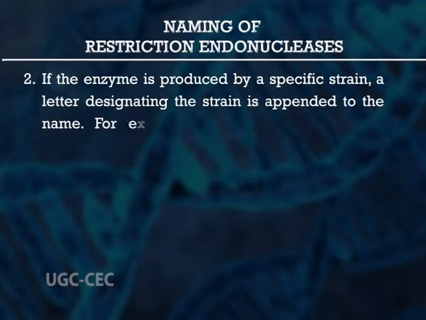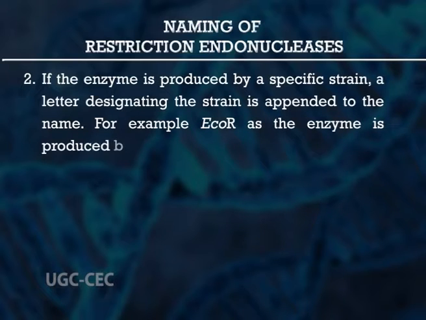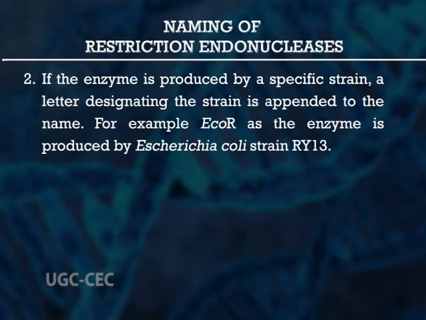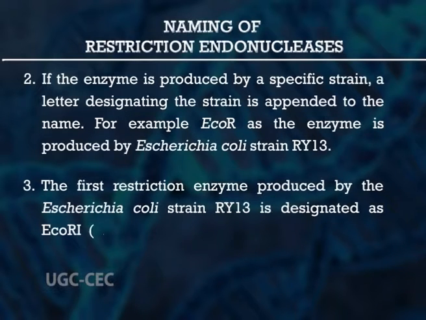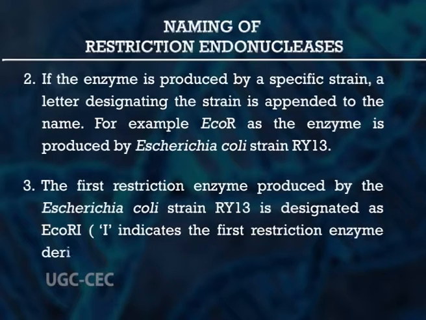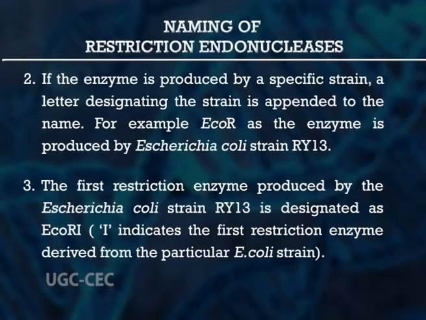For example, EcoR, as the enzyme is produced by Escherichia coli strain RY13. Thirdly, the first restriction enzyme produced by the Escherichia coli strain RY13 is designated as EcoRI. One indicates the first restriction enzyme derived from the particular E. coli strain.